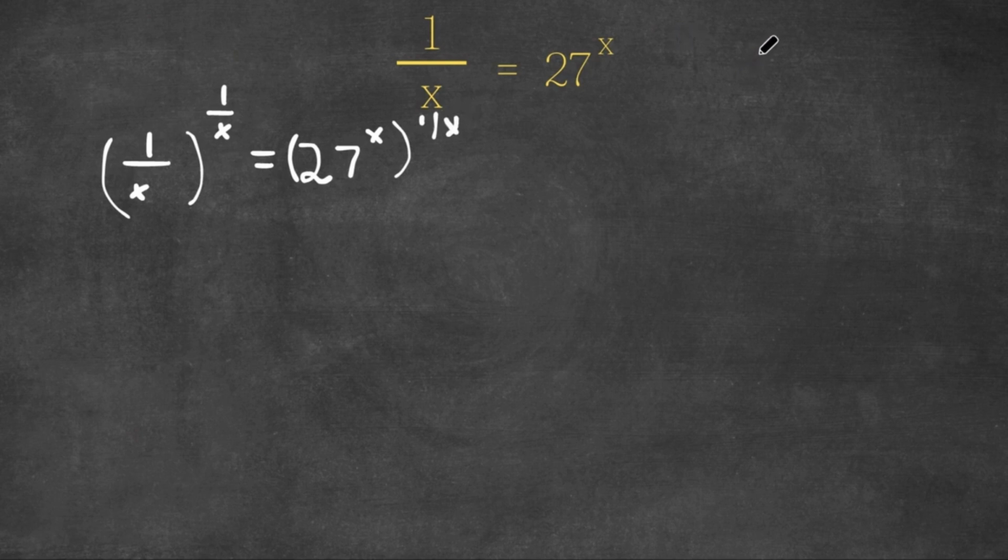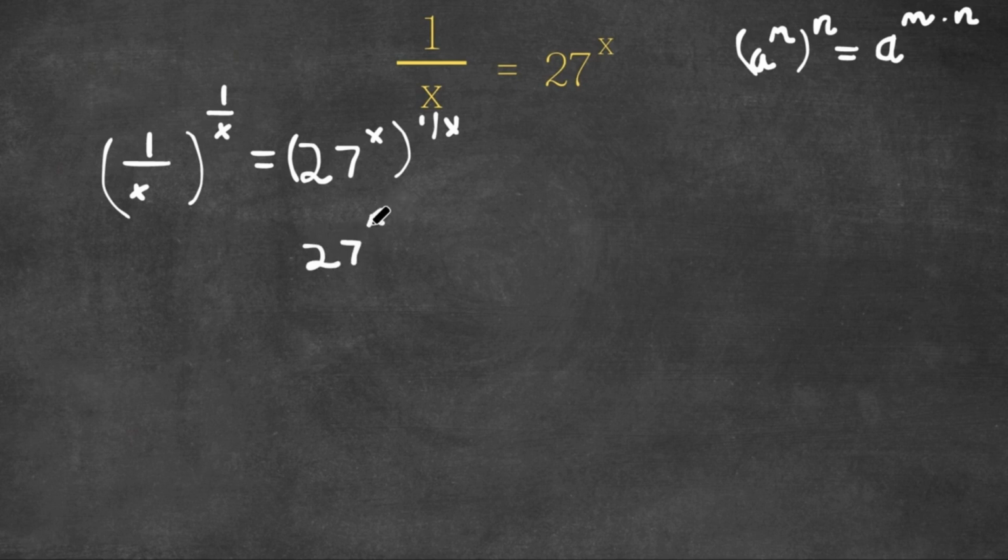Now, if we have something in the form a to the power of m to the power of n, this is simply equal to a to the power of m times n. So as you can see here, we have 27 to the power of x to the power of 1 over x. This would equal 27 to the power of x times 1 over x.